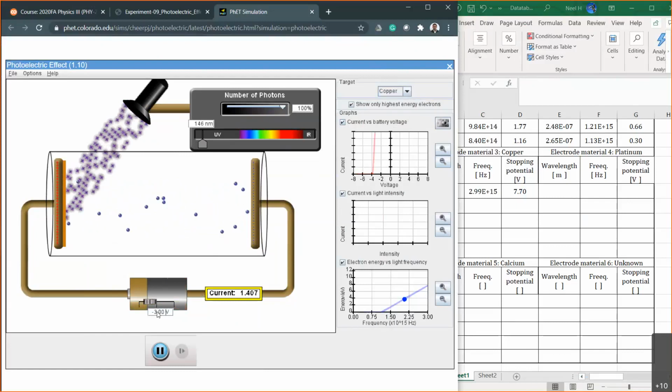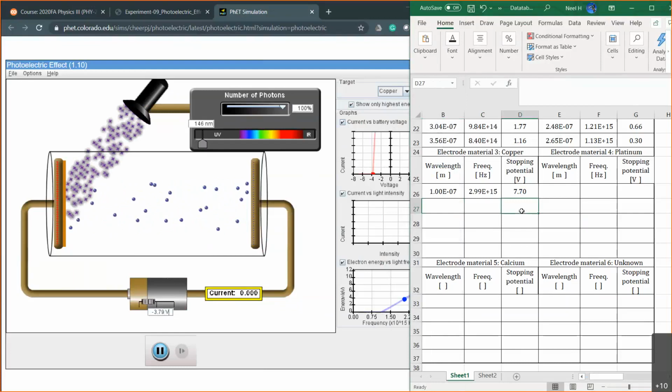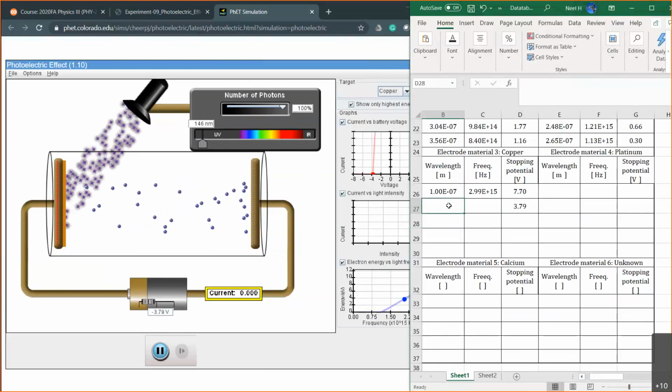There's a number, which means let's try 3.5, 3.6, 3.8, 3.7, 3.75, 3.77, 3.79. So about 3.78 is the best, 3.79 reverse potential, and the wavelength 146 nano.